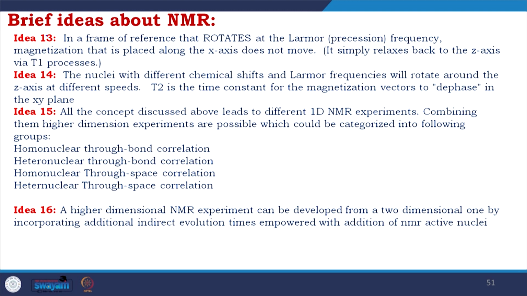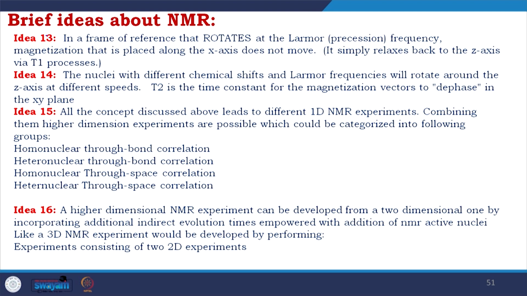Idea 16: a higher dimensional NMR experiment can be developed from a two-dimensional one by incorporating additional indirect evolution times, empowered with the addition of NMR active nuclei if required. Like a 3D NMR experiment would be developed by performing an experiment that consists of two 2D experiments, or the triple resonance experiment.